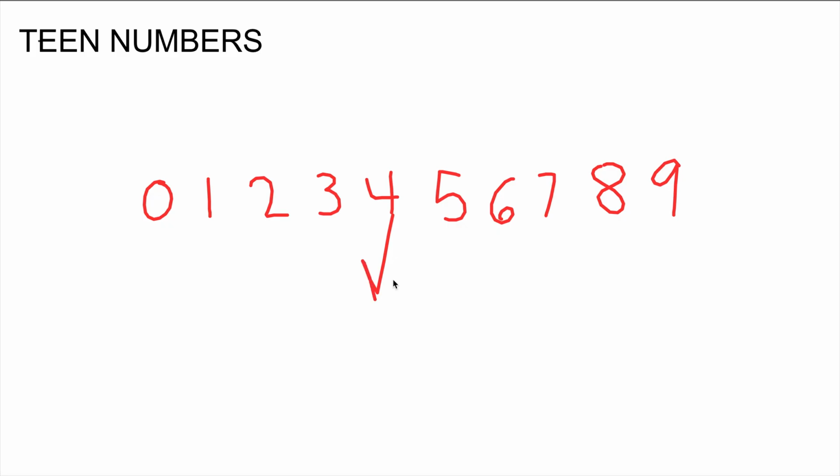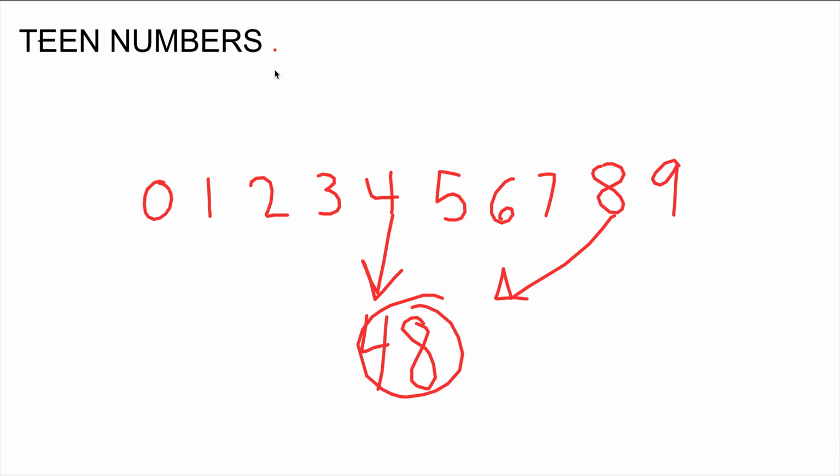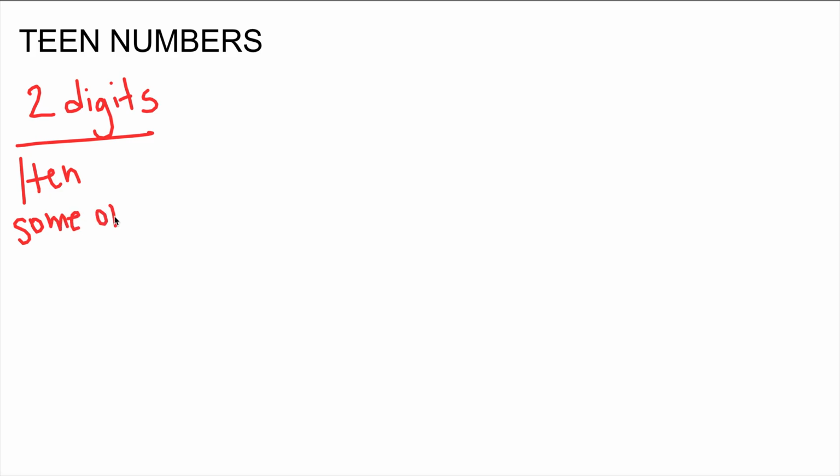So for example, maybe I want to put in a 4 and an 8, then this number would be the number 48. Or maybe I do a 2 and a 5 and this number would be 25. Those are 2 digits. Teen numbers still have 2 digits, but remember, they have to have 1 ten and some ones.